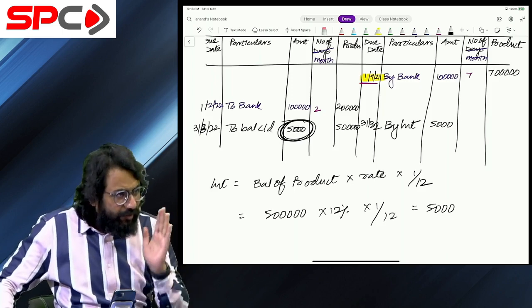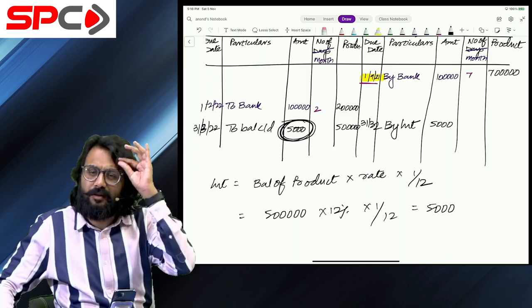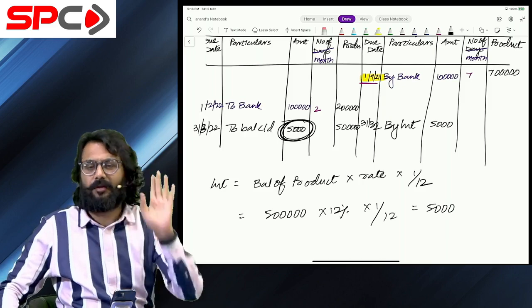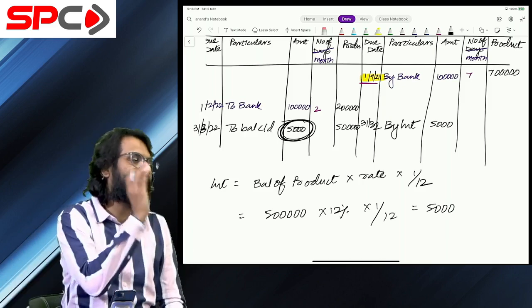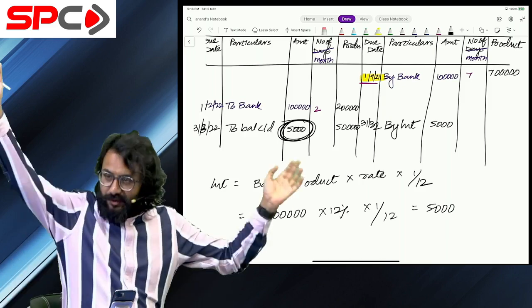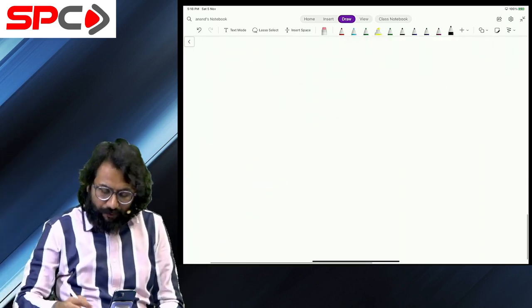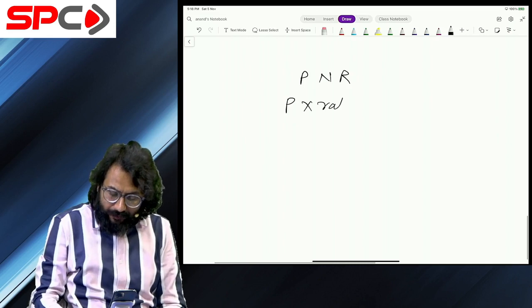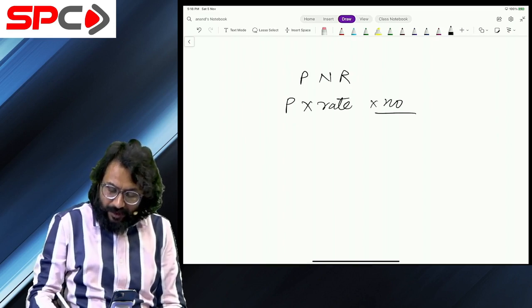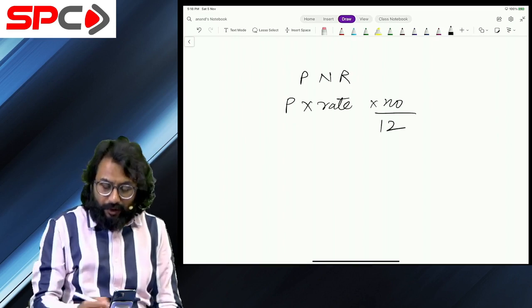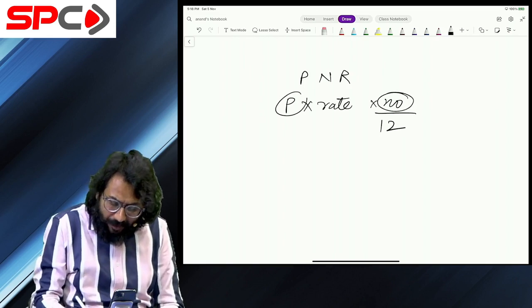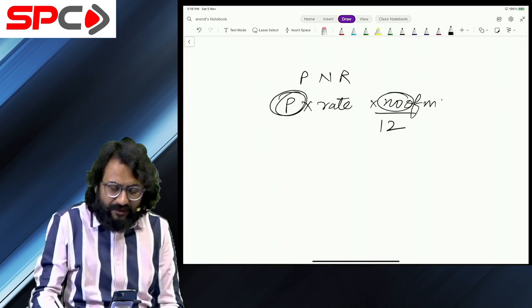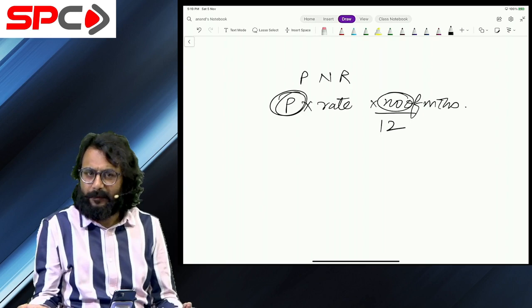Have you understood what we are doing in this topic? We are going to do nothing special, we are just going to calculate the interest. Do you feel you are doing something magical? No. The formula is PNR, that is principal into rate into number of months divided by 12. If I multiply principal with number of months first, it's okay.